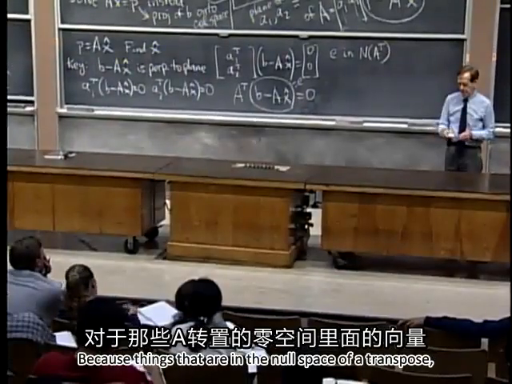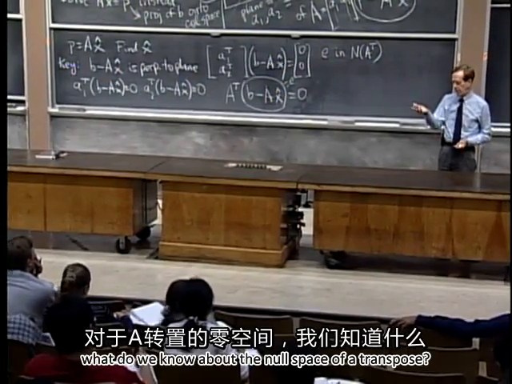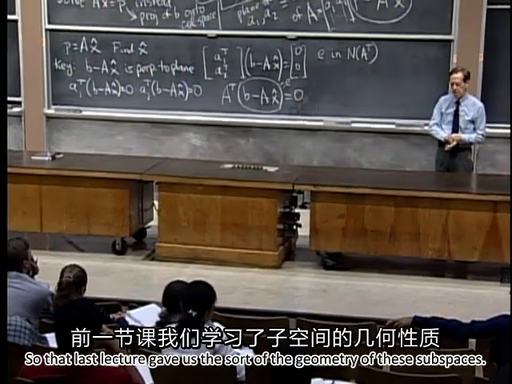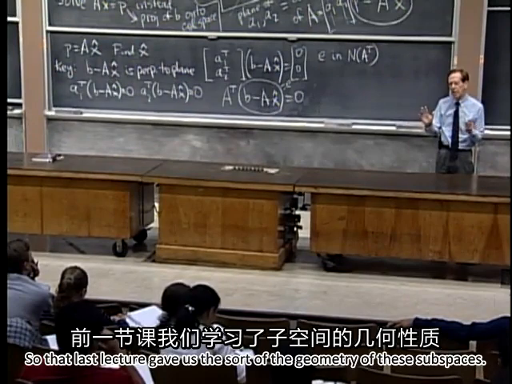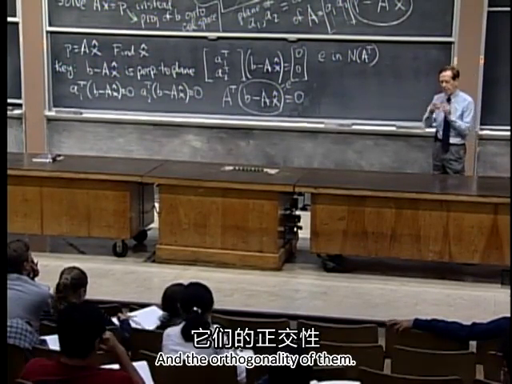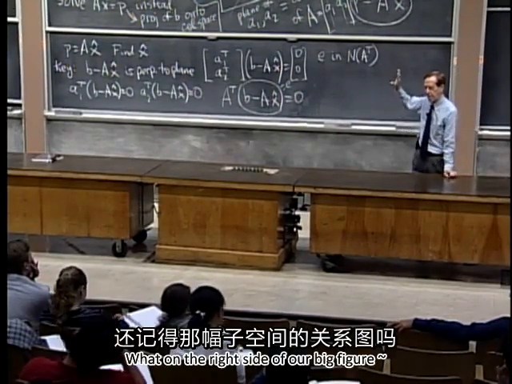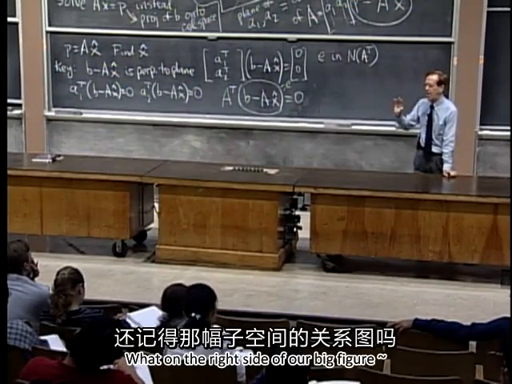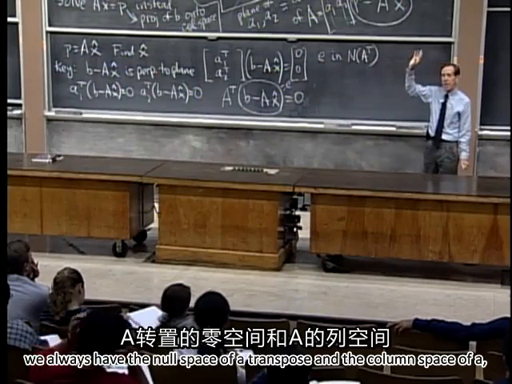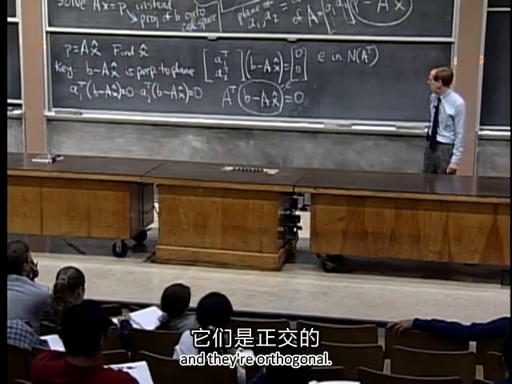Now I just want to see that of course that was right. What do we know about the null space of A transpose? The last lecture gave us the geometry of these subspaces and their orthogonality. On the right side of our big figure, we always have the null space of A transpose and the column space of A, and they're orthogonal.